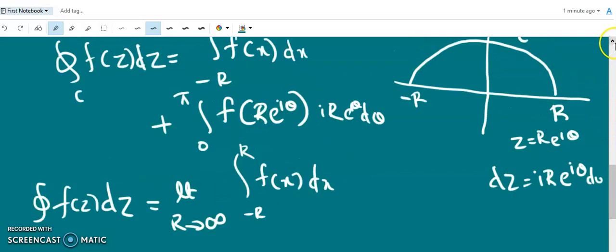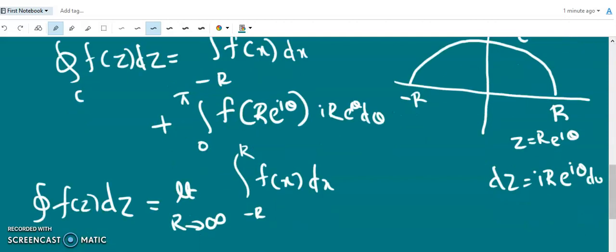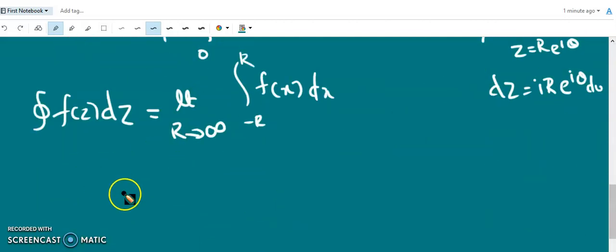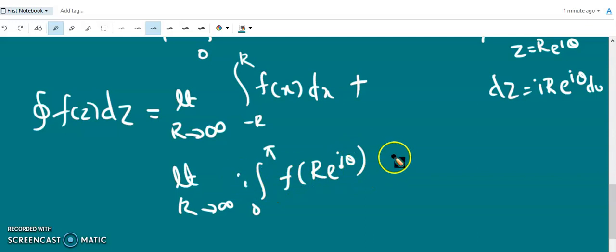Here r goes to infinity, and the second term becomes the limit as r tends to infinity of the integral from 0 to pi of f of r e to the power i theta, i can be taken out, r e to the power i theta d theta.